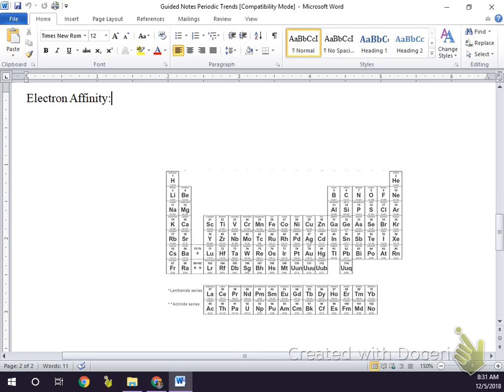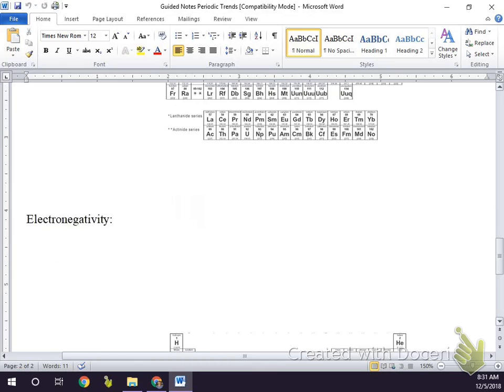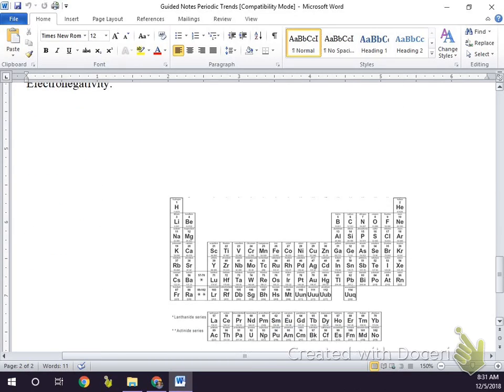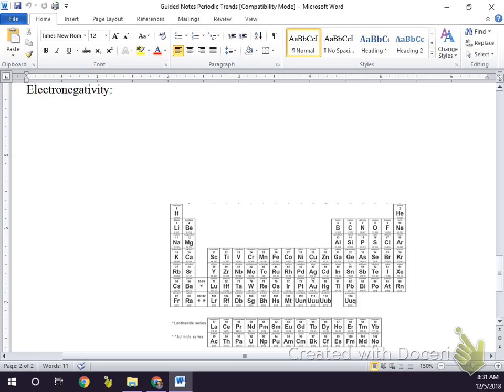All right, our last trend is something called electronegativity. Anyone heard of electronegativity before? Okay, not so much. Okay. Electron affinity and electronegativity are similar. Not the same, but they're similar.